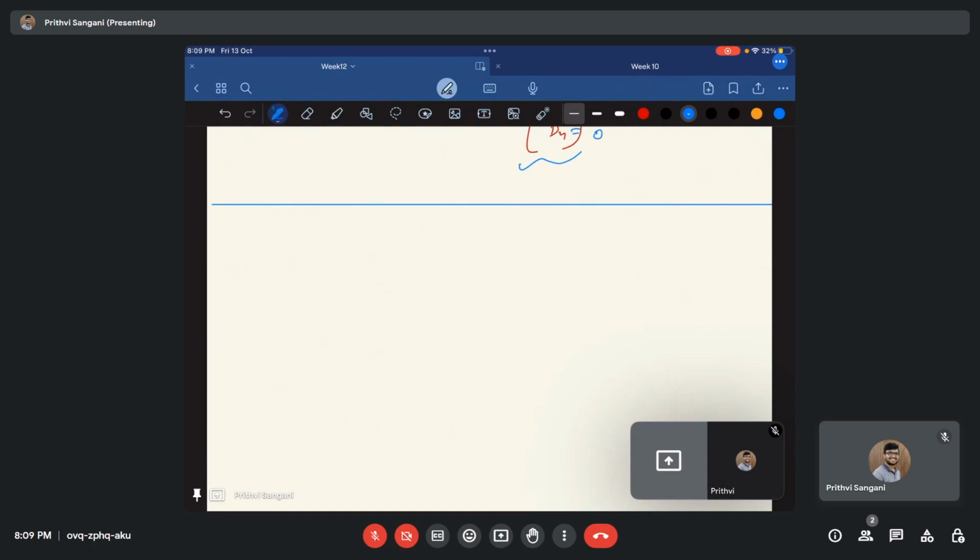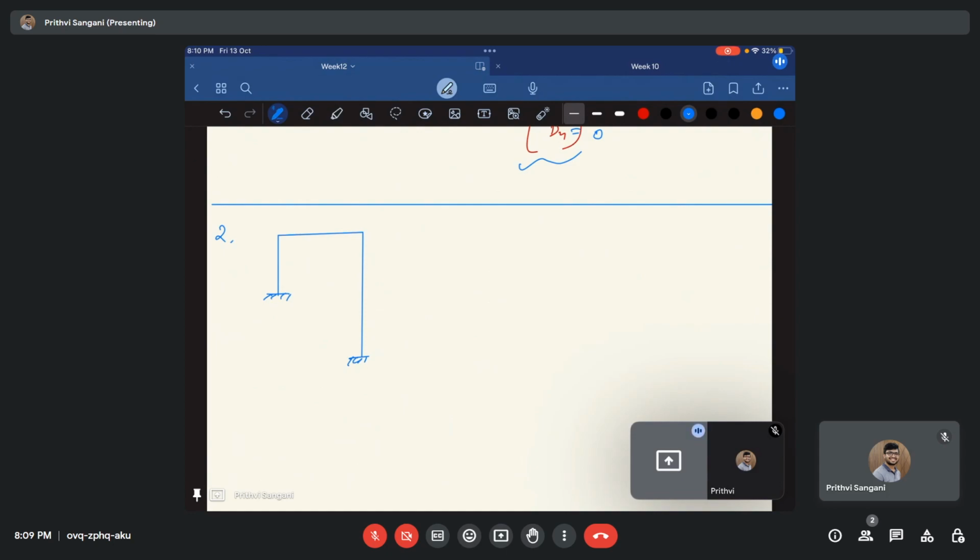The question is something like this: we have a frame. It is axially rigid. If it is an axially rigid member, that means it's not deforming axially.